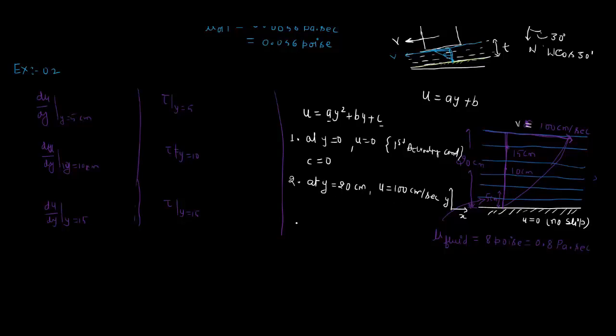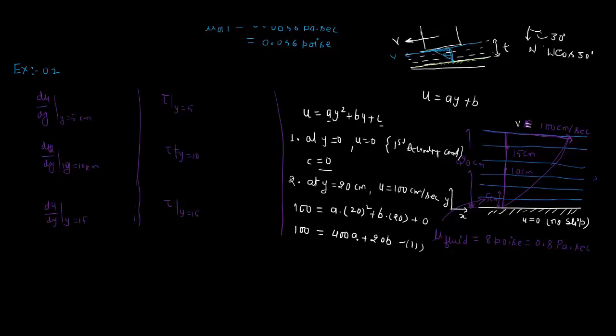Putting this value in, 100 equals a times 20 square, plus b times 20, plus c, and c is 0 from the previous calculation. Solving this, 100 equals 400 a plus 20 b. This is our second equation.